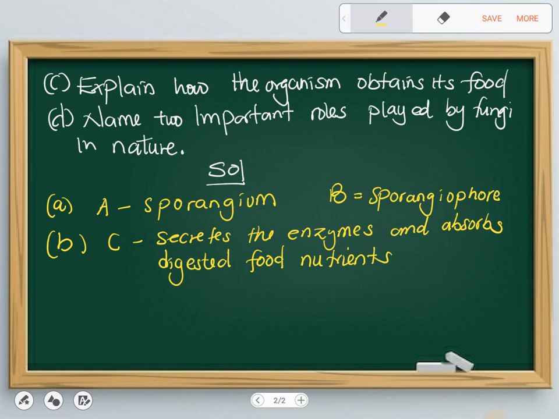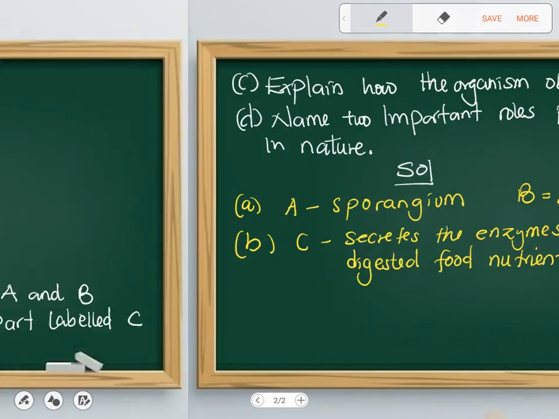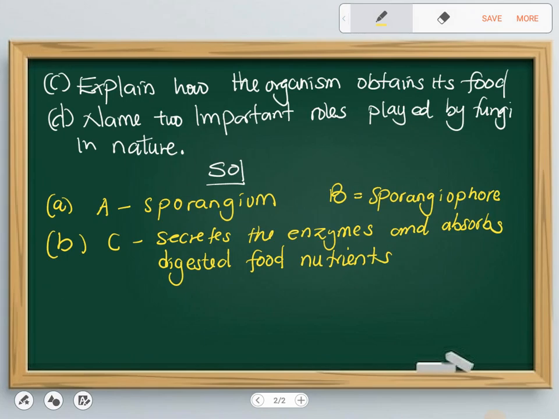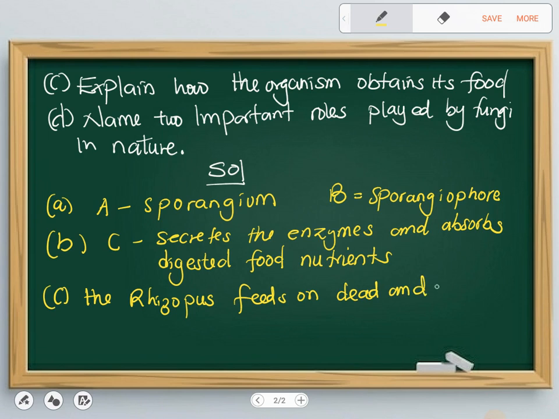Next question. Explain how the organism obtains its food. Now, how does this organism called the Rhizopus obtain its food? So follow me. The Rhizopus feeds on dead and decaying matter.